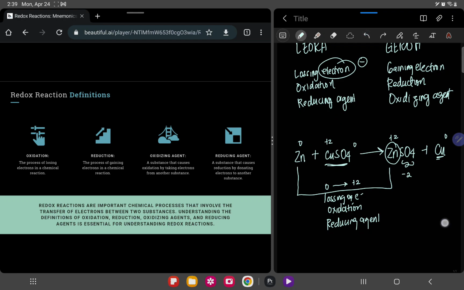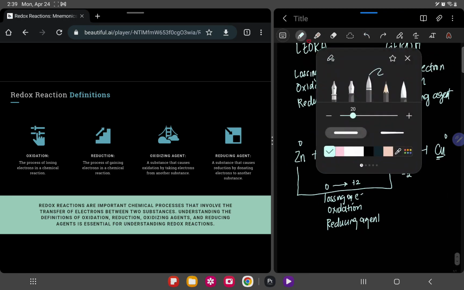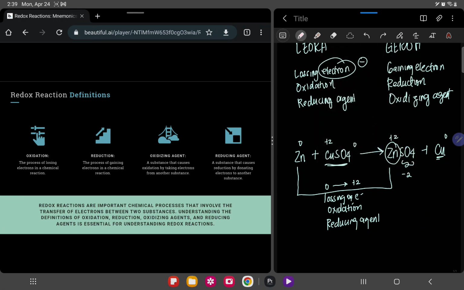Okay, so next one, I'm gonna change the color. The next one is your copper. From positive 2, your copper becomes 0.